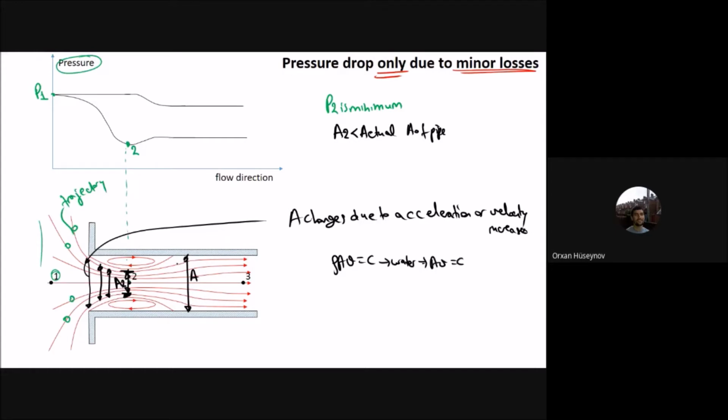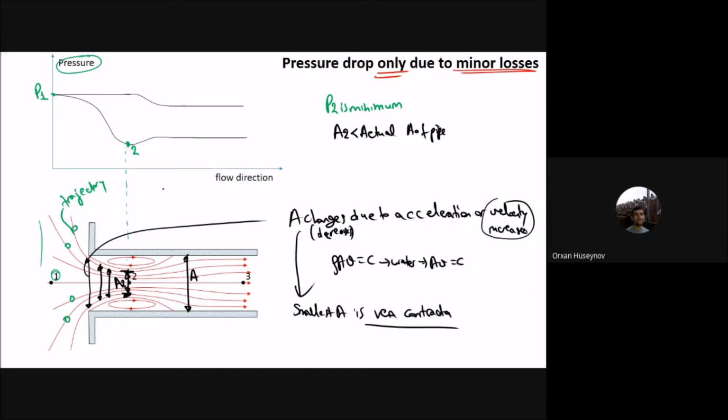Okay. So if the velocity increases, the area should drop. But that area drop continues, and you get a smaller area than the actual area of the pipeline. And this smallest area, it changes, but it decreases. The smallest area where you have the maximum velocity is called the vena contracta.